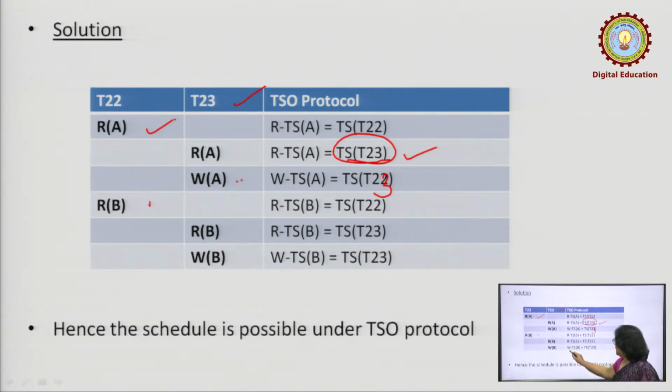Write B is okay because again the same transaction T23 is trying to write the value of the data item B which has been read by T23. So, we say that this schedule is possible under the timestamp ordering protocol.